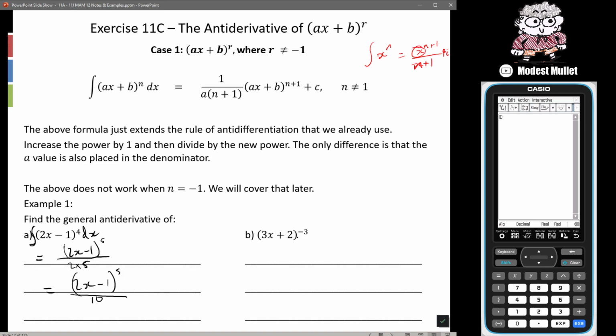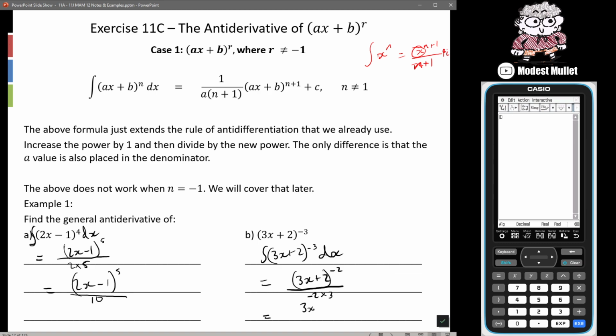Next, 3x plus 2 all to the power of negative 3. The indefinite integral of 3x plus 2 to the power of negative 3 with respect to x is equal to, well, we put our original function. We add 1 to the power, so negative 3 plus 1 becomes negative 2. So we divide by negative 2, and our coefficient is 3, so we also put that down the bottom as times 3.